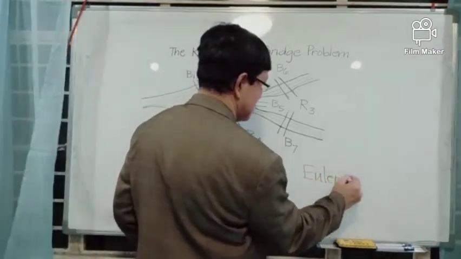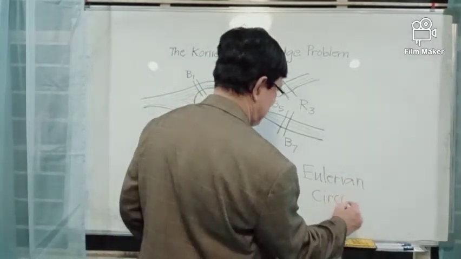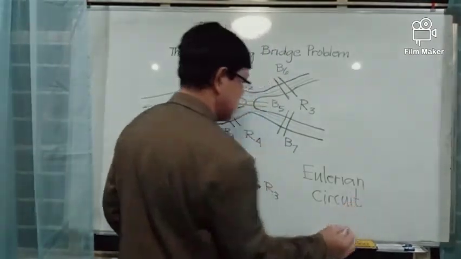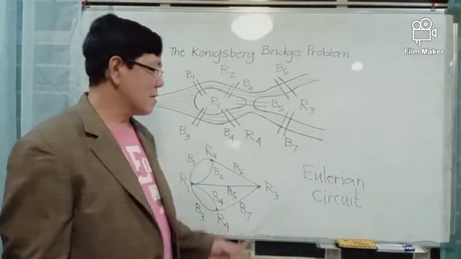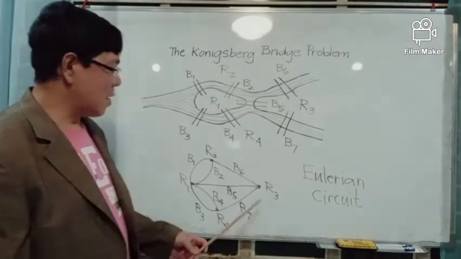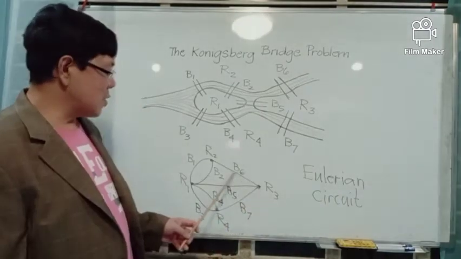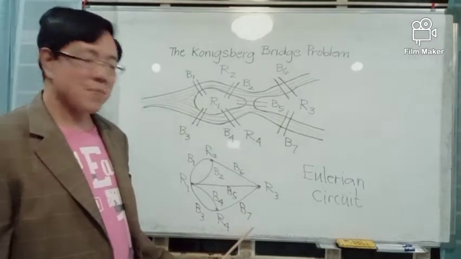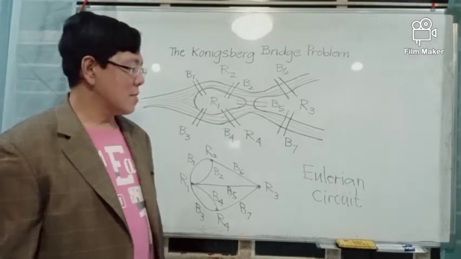Eulerian circuit. An Eulerian circuit is a closed path that starts with any vertex, traverses each of the edges of the graph, and returns to the same vertex.